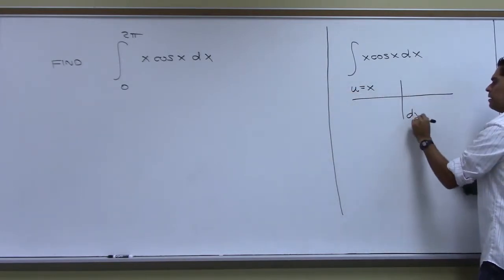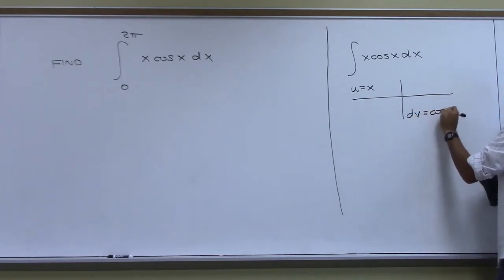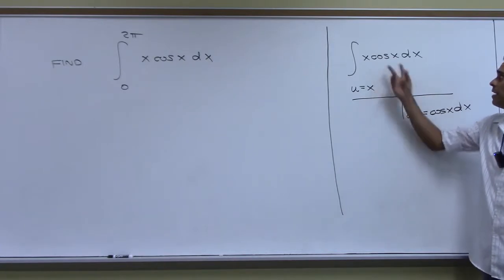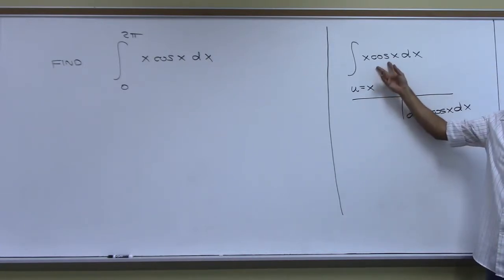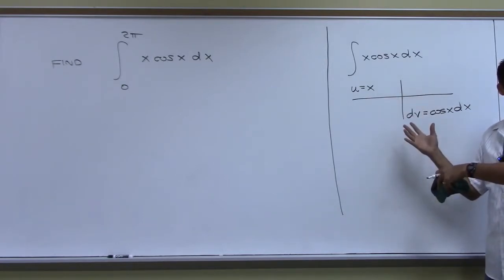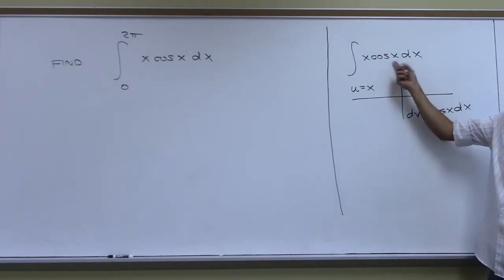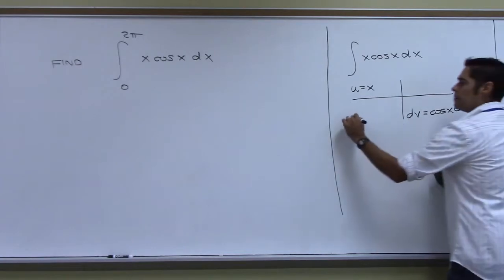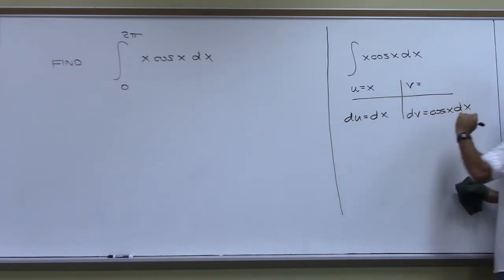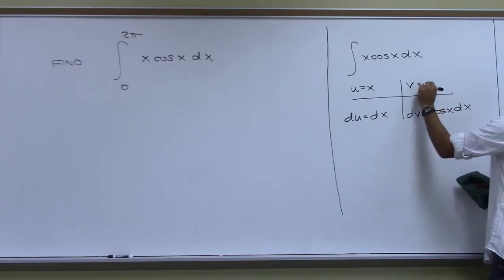X, okay. And then cosine x dx here. Okay, so Ron was able to identify that that's integration by parts, by choosing u to be x, in the new integral that'll be gone, right? And then we have to be able to integrate this, which we can. So du is dx, v is what? Sine x.